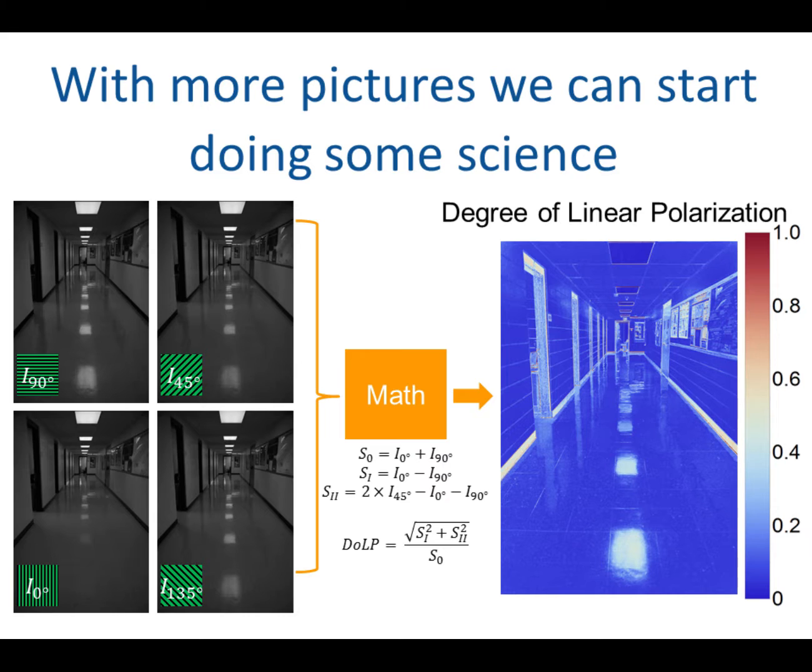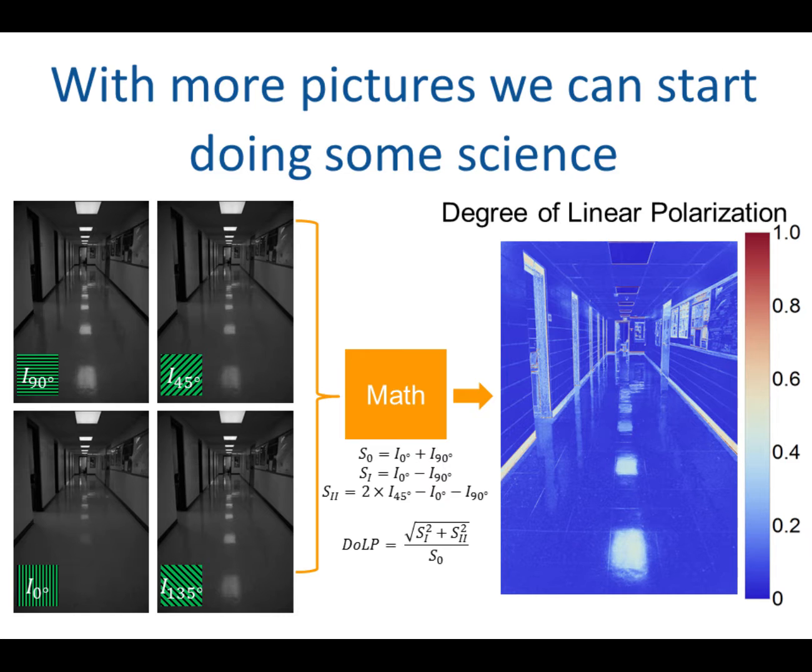And what we do is we take that polarizer and we rotate it in 4 different orientations. So here there's 4 pictures on the left. The first one has the polarizer oriented to 90 degrees. Then if we go in a clockwise orientation, the next one's oriented at 45, 135, and 0 degrees. And you see all these pictures are just a little bit different. The biggest difference is between the 0 degree and the 90 degree.